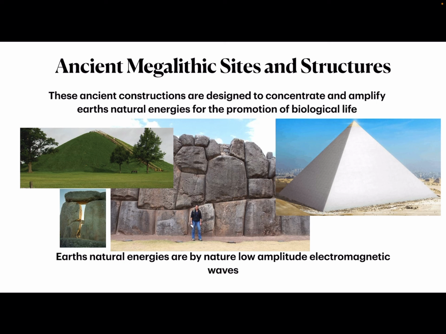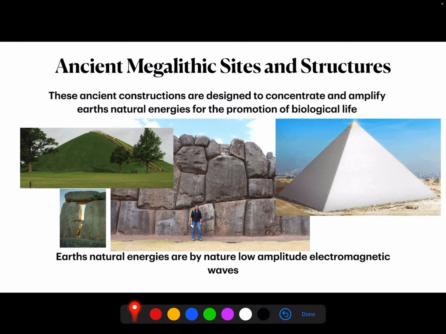Just as a reminder, the reason I'm putting together this 3-part series on the various sources of Earth's natural energies is because with this channel, I want to start to piece together some of the mysteries around the purpose of these ancient megalithic sites. On the far left, we have North American mounds, in the middle an example of a stone wall in South America, and on the far right the Great Pyramid of Giza.